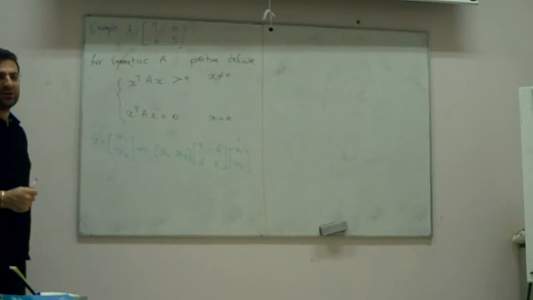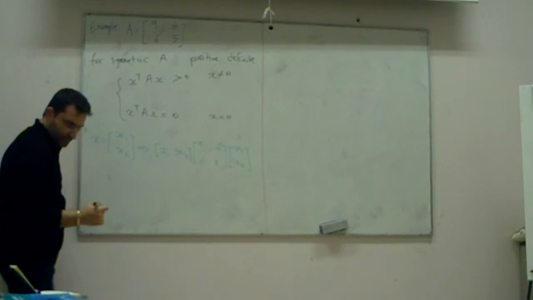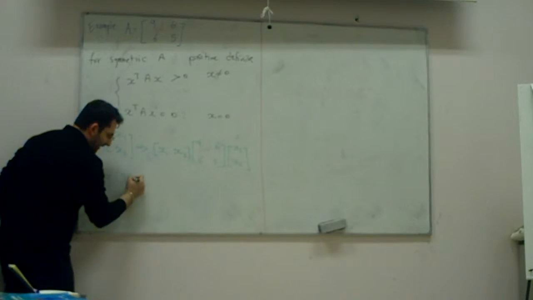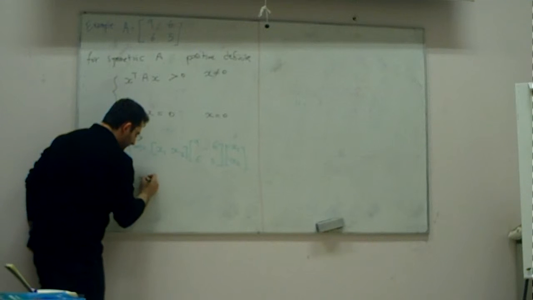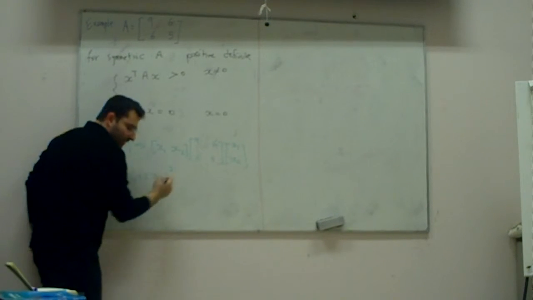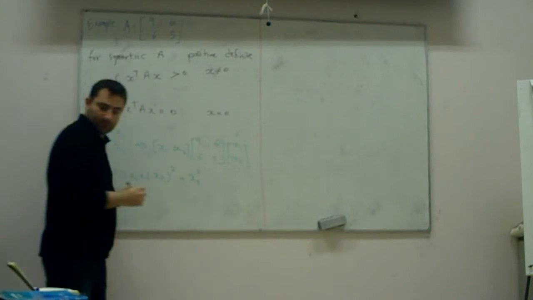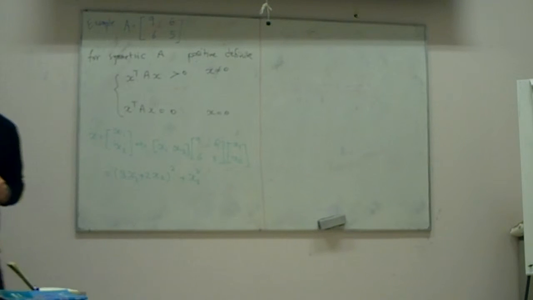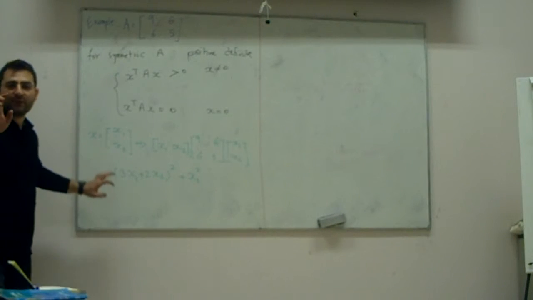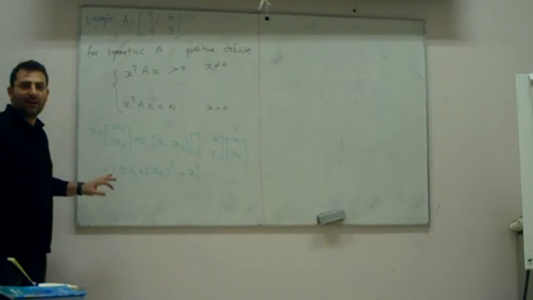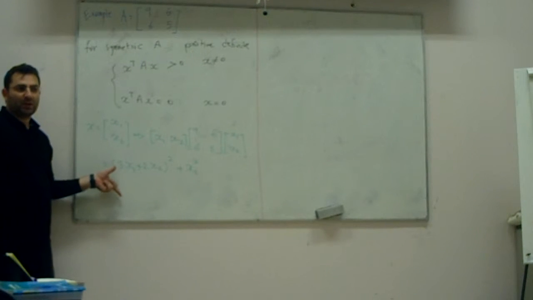So we have one expression. If we multiply, we will get this expression: 3x1 squared plus 2x2 squared plus x2 squared. Now, question. We got this expression. Just wait for a second, I'll let you write. We do this multiplication and we have an expression after this.